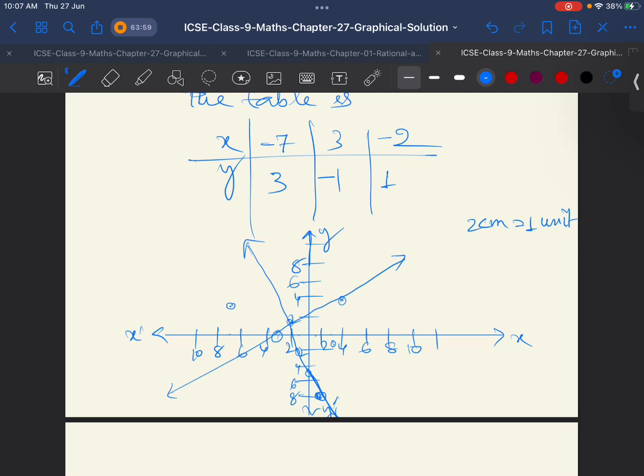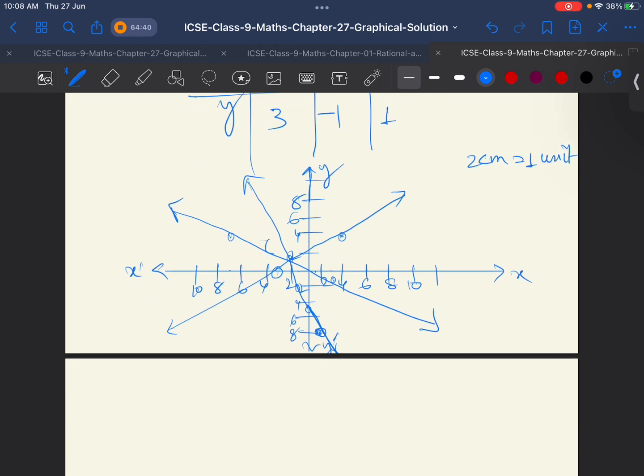Okay, minus 7 3 is here. This is the line. So these lines are concurrent because they pass through the same point.